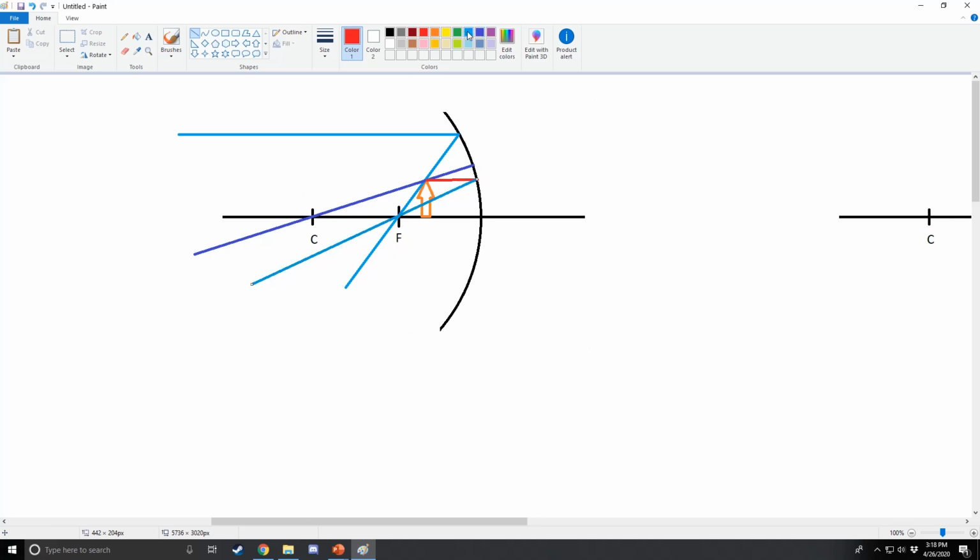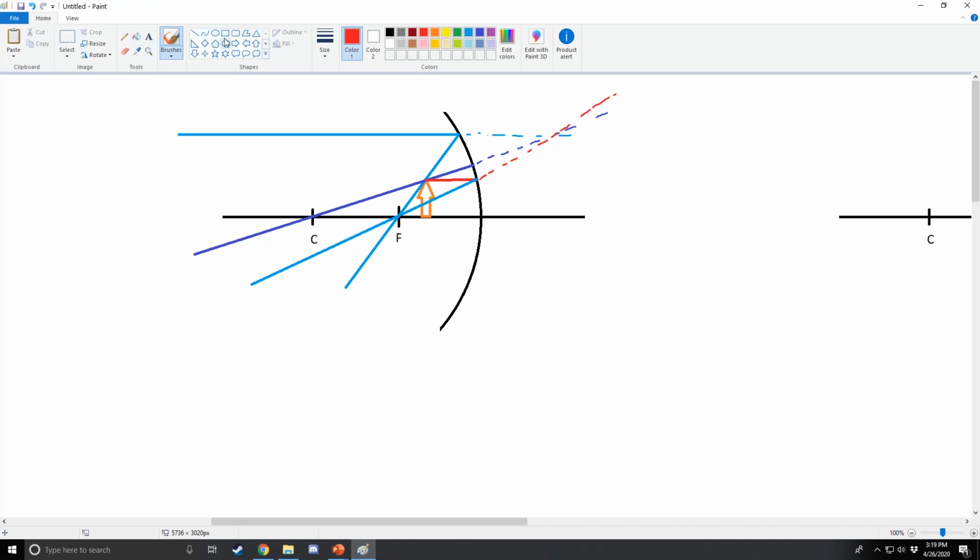So what you end up having to do is backtrack these lines. So that line gets backtracked, this line gets backtracked, and this line gets backtracked.